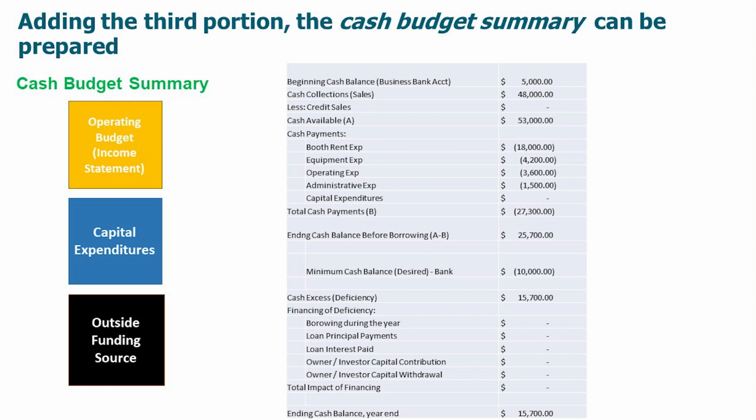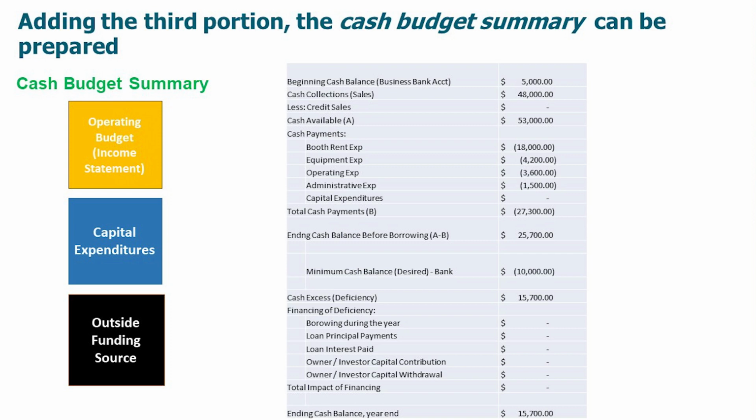So let's look what we have. So we have, in this case, ending cash balance before borrowing, $25,700. The minimum cash balance desired is essentially our initial assumption, $10,000. The cash excess is going to be $15,700.